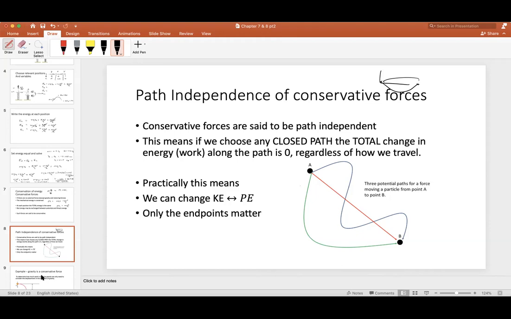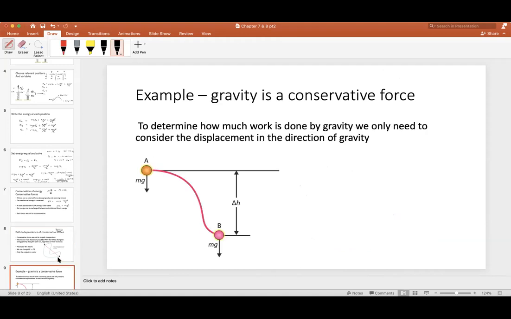One thing I should note, though, there's one caveat here, one exception. Yes, it's path independent for gravity, but what we care about is the change in height. We care about the work done by the force of gravity, which is down. These mg's are down.